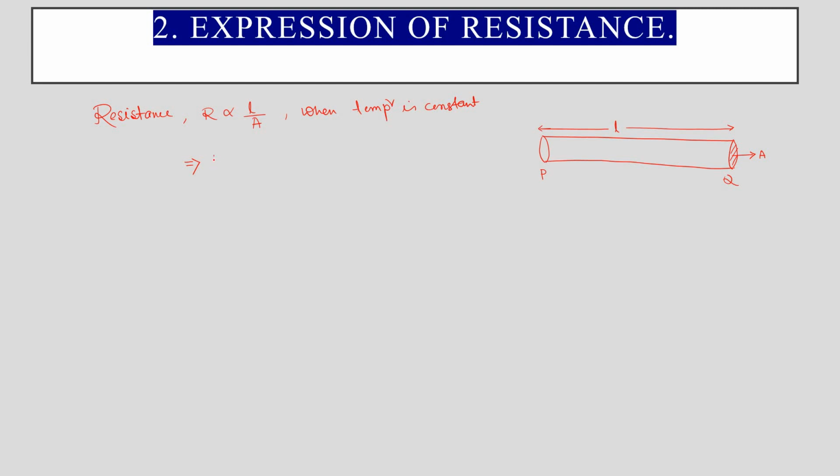For converting this proportional relation into an equal sign, we need a constant, and here the constant is rho. So we write rho, where rho equals the constant of proportionality. Now the expression becomes R equal to rho L by A.